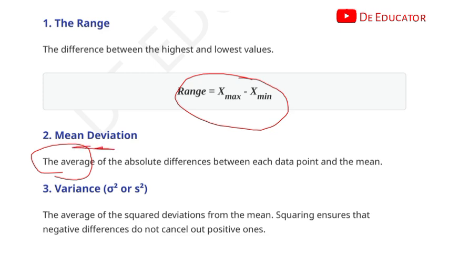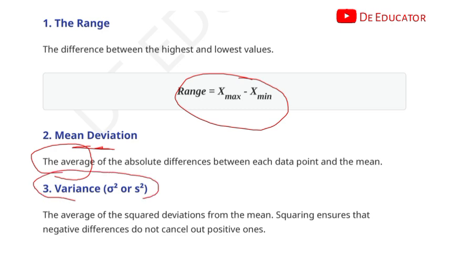The next one we have is variance. Variance is represented as S square. Variance is the average of the squared deviation from the mean. Squaring ensures that the negative differences do not cancel out positive ones.